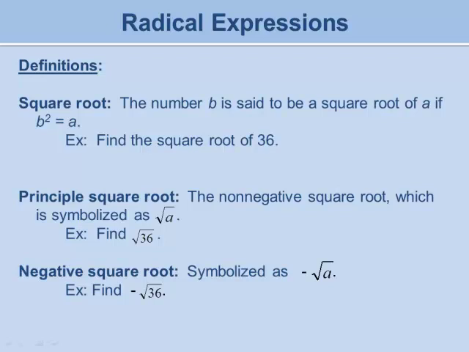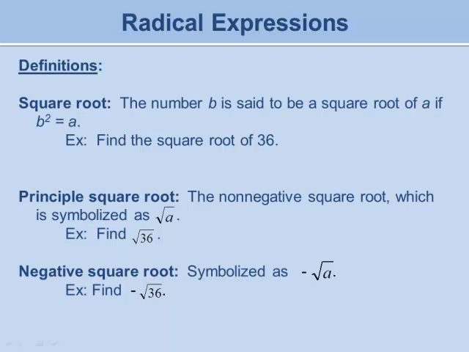The square root of a number is defined as: the number b is said to be a square root of a if b squared equals a. So using this very simple definition, let's say you were asked to find the square root of 36.